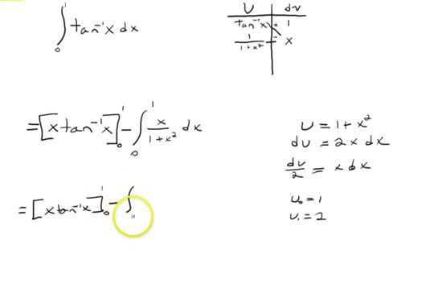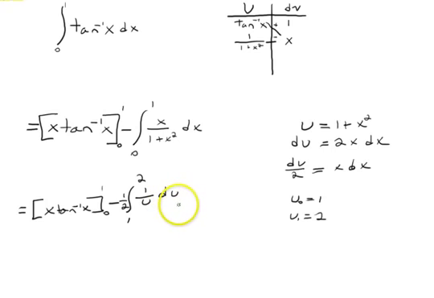But my new integral will go from 1 to 2, and I've replaced 1 over 1 plus x squared with 1 over u, and x dx is being replaced with du over 2. So I'll have du, and I'll put a 1/2 out here.